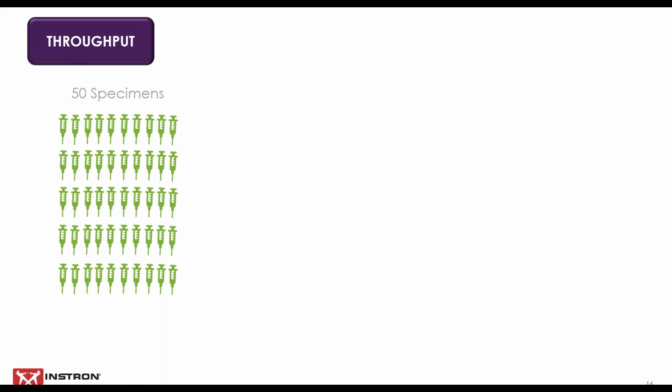To give you an idea of how much an XY system can increase throughput, I performed some benchmark testing on springs from a surgical tool. I ran 50 tests manually, which took nearly 16 minutes. This was with no breaks or distractions, running one test immediately after another.